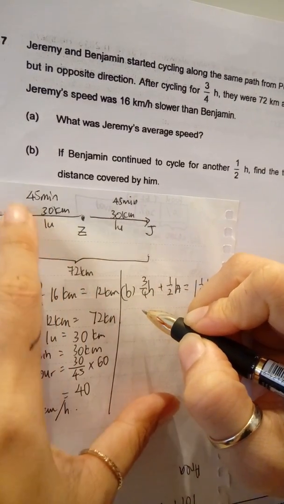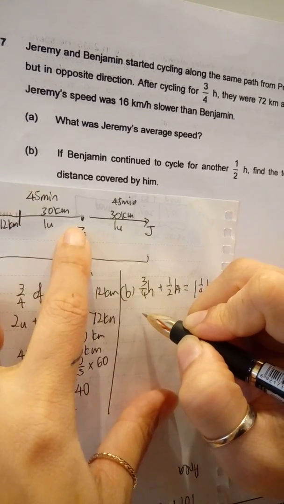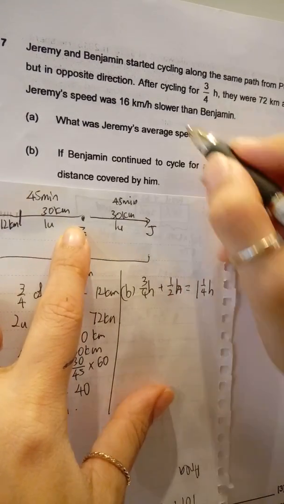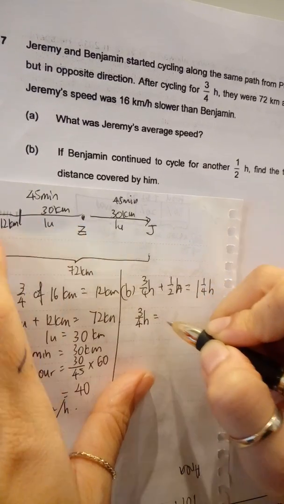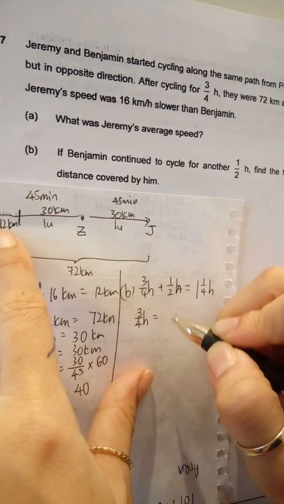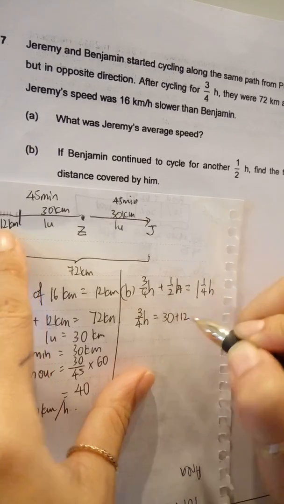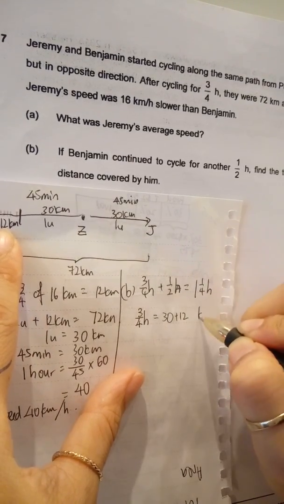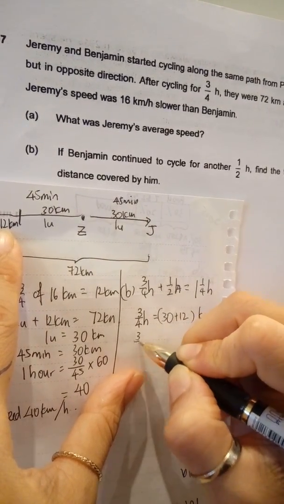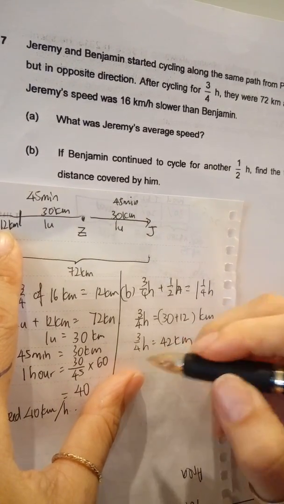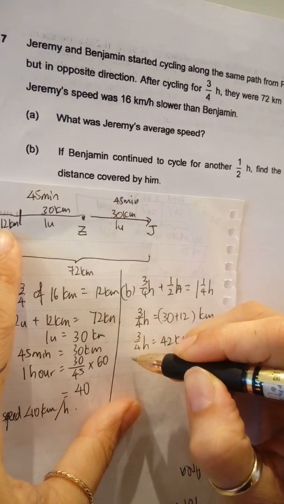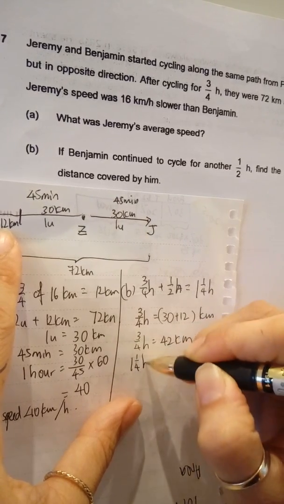For the timing, you can use the fraction, the one they give you. In 3/4 hour, he traveled 30 plus 12, which is 42 kilometers. Just do your matching, you can use your calculator.